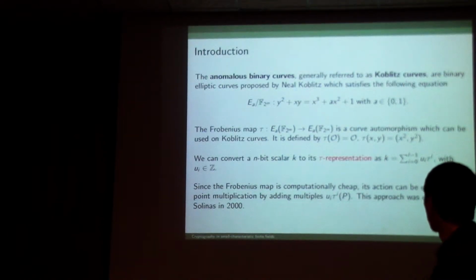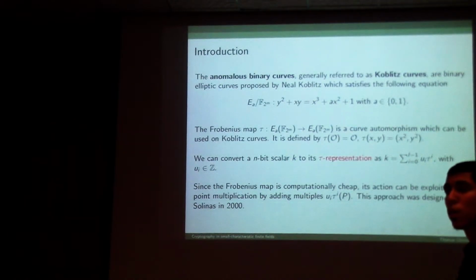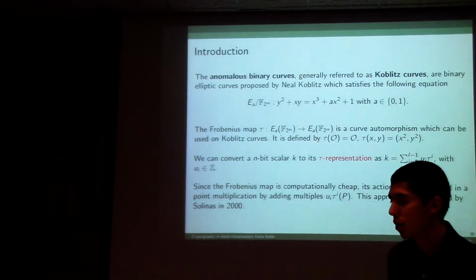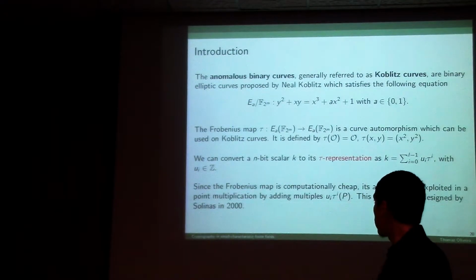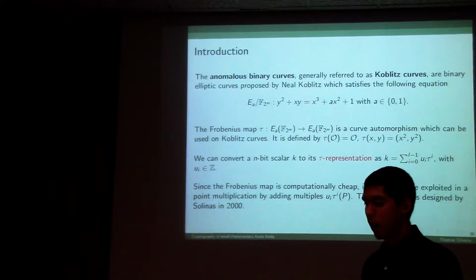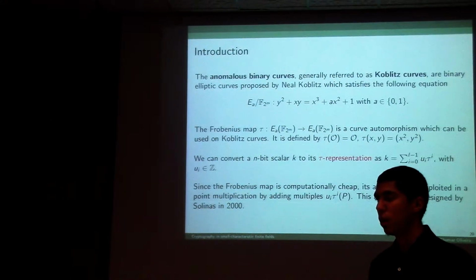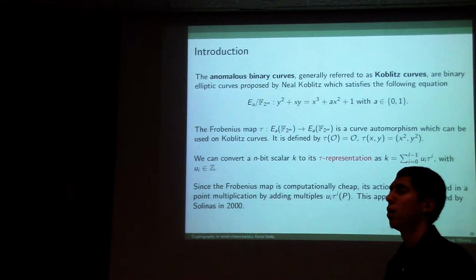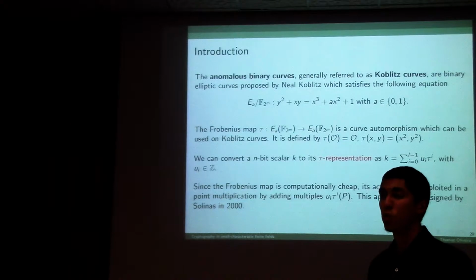For some special fields, are there some criteria in order to choose the parameter A, either 1 or 0? Yes, the parameter A is defined by the group order, and we need a group order which is almost prime.